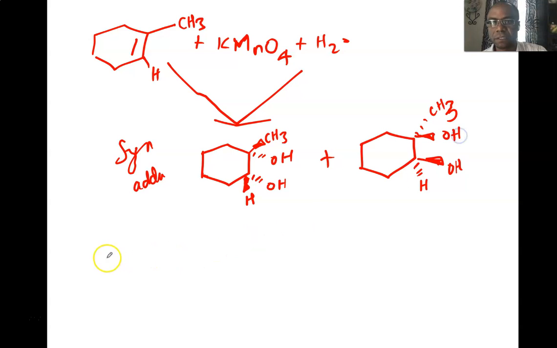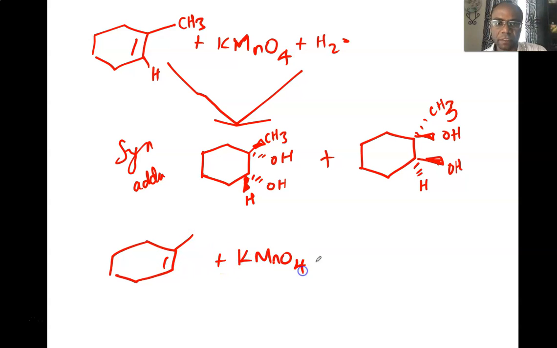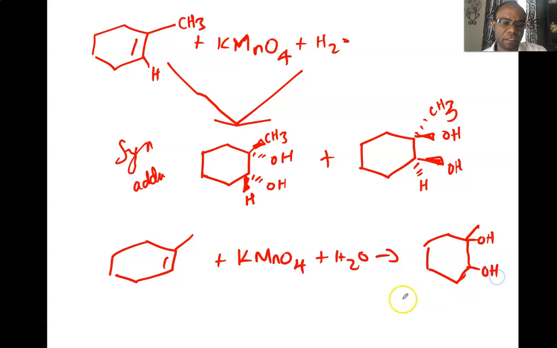Now, without showing stereochemistry, without showing top-bottom stuff, and doing the same reaction, potassium permanganate, of course it's diluted with water, one would simply just draw your molecule with 2 OHs, just like that. Here, no stereochemistry shown.